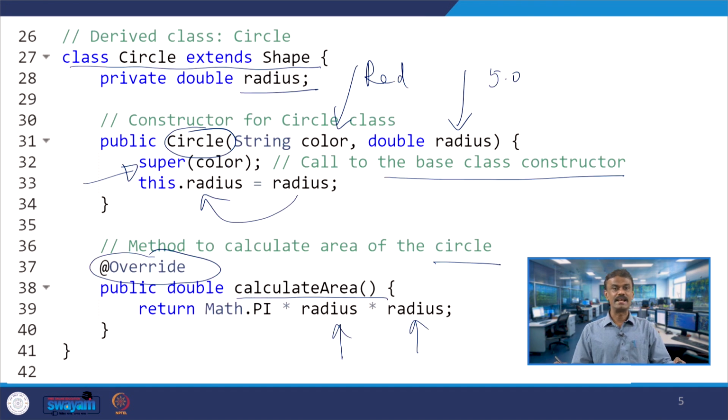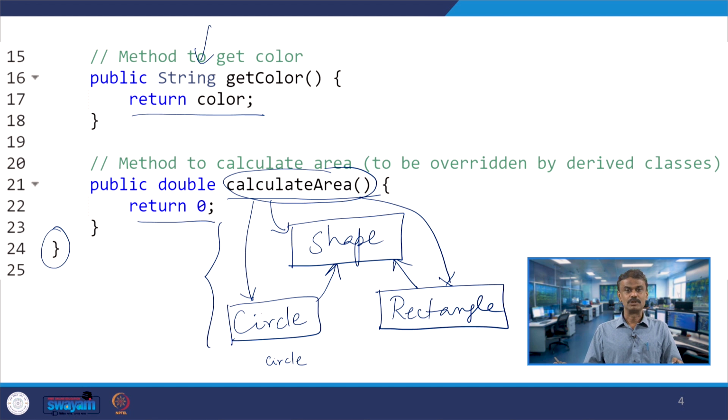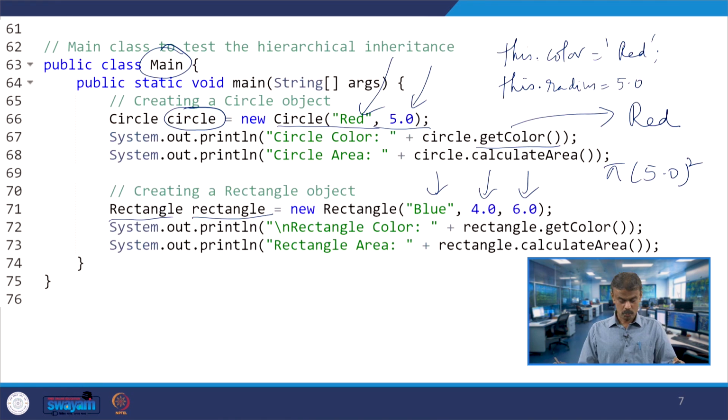So, color is being set, same as in the last derived class: this dot color is color. What color did you pass? Blue. So, now this will be blue, and when it is calling rectangle dot get color, color will be returned. So, here I will get the output blue.